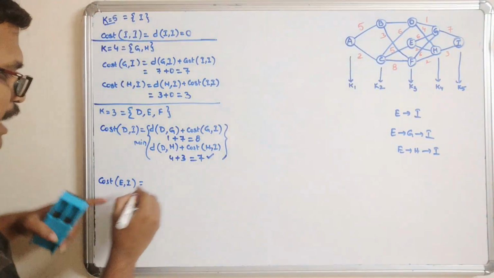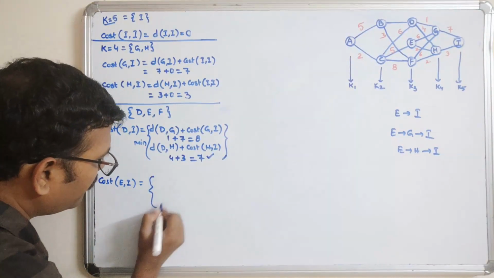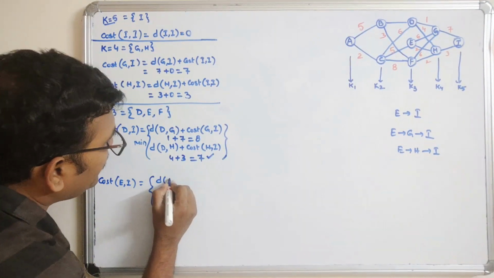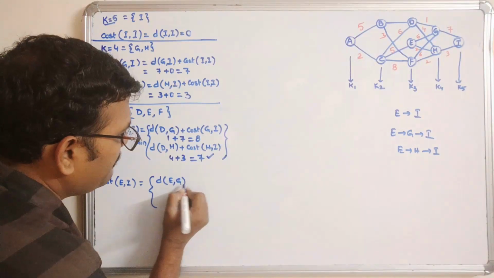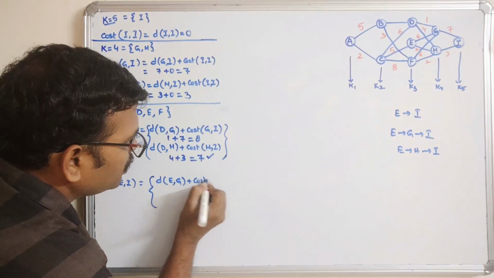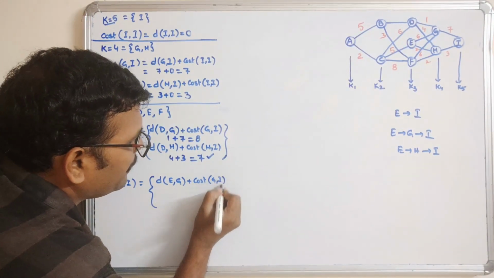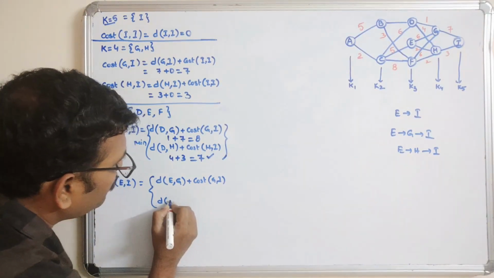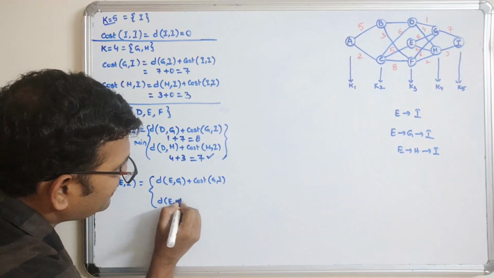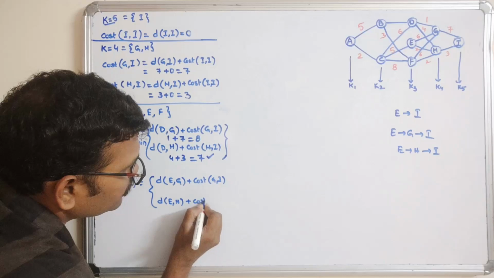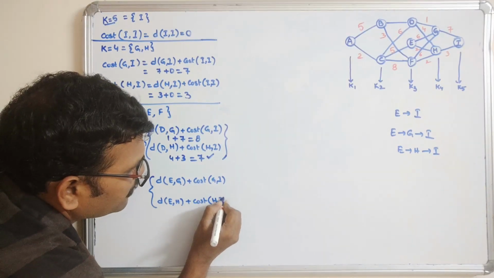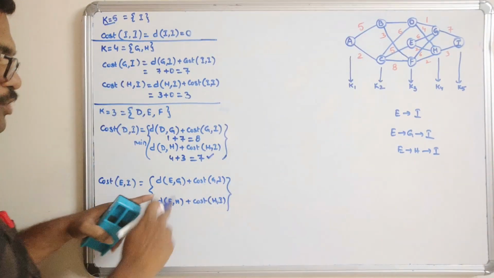We need to find out the minimum: D of E comma G plus cost of G comma I, similarly D of E comma H plus cost of H comma I.